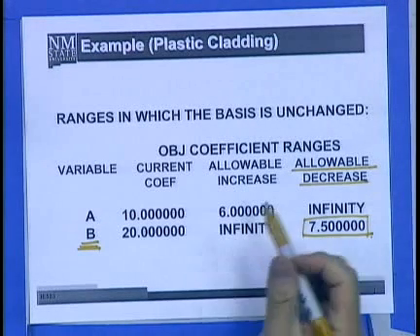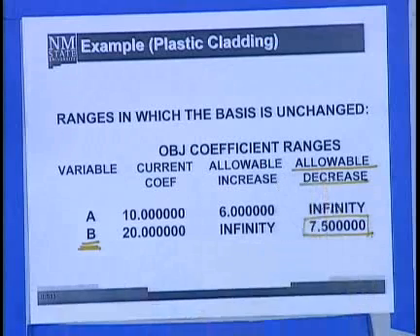So if the profit of Bestlight were $11 per yard, the production of Bestlight should decrease, because the unit profit of Bestlight has been decreased.